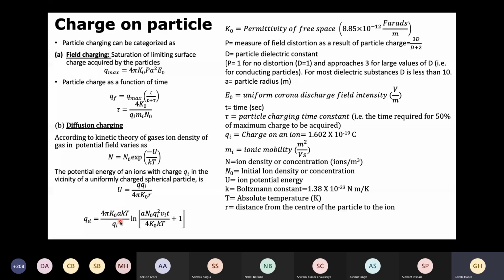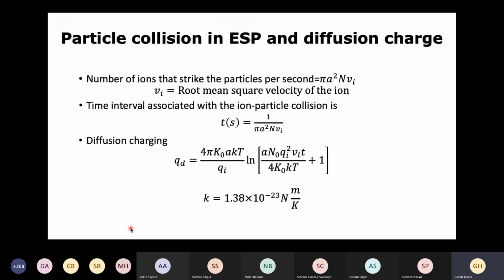Qd, the total charge due to diffusion, can be given using u and n, the density of the ions, and this is the final formula. This formula will be available to you because it's an open book exam.